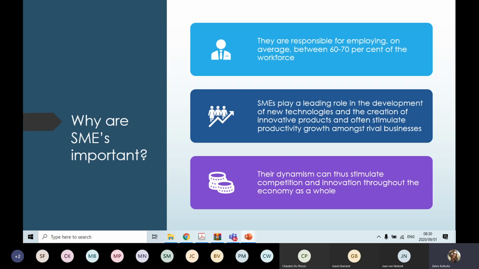We saw Fred Footwear. The key thing about SMEs generally is their products are more innovative, so they do have some degree of competitive edge. The dynamicism can stimulate competition and innovation throughout the economy as a whole.